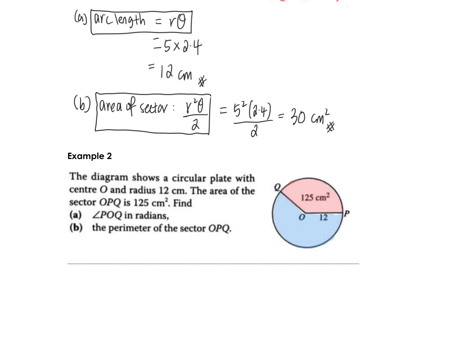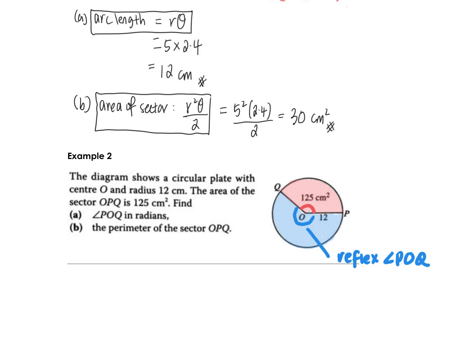Okay, so they tell me that the minor sector is 125. Calculate the angle POQ. So this is the angle POQ. If I want to find this one, this is called the reflex of angle POQ. So take note of the difference. Reflex is the one more than 180 degree.